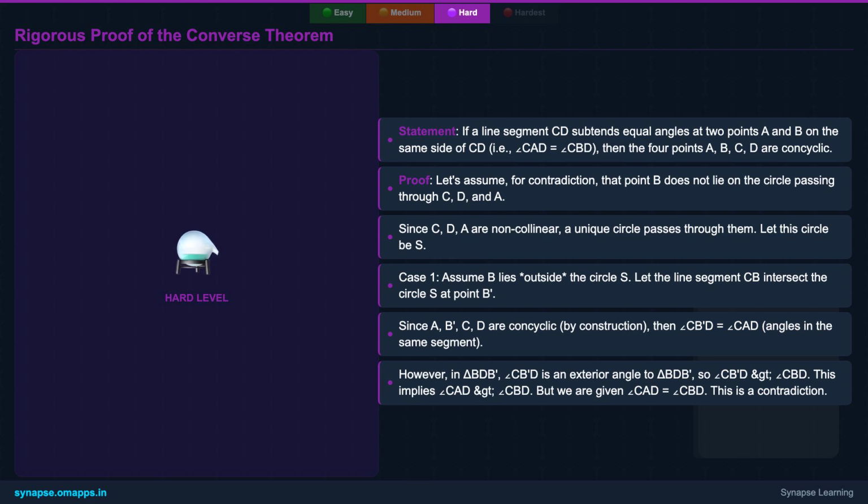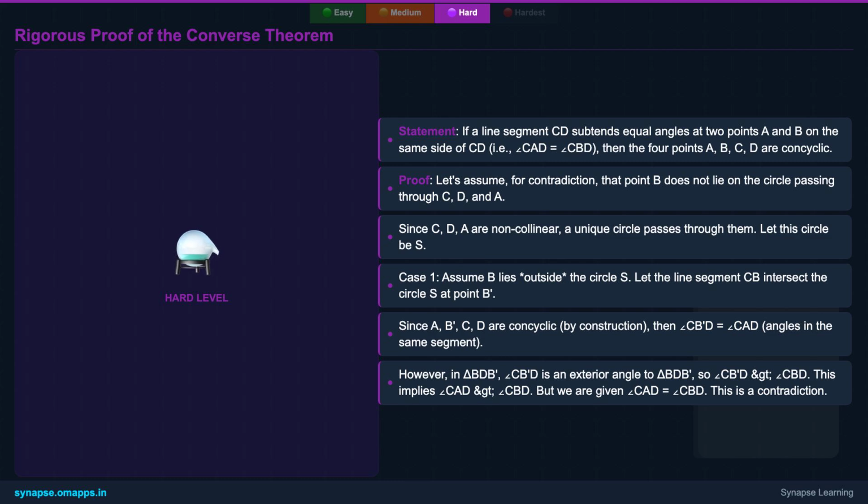First, we assume the opposite, that B does not lie on the circle passing through C, D, and A. Since C, D, and A are non-collinear, a unique circle, let's call it S, passes through them. Now, if B is outside circle S, draw a line from C through B, intersecting the circle at B'.